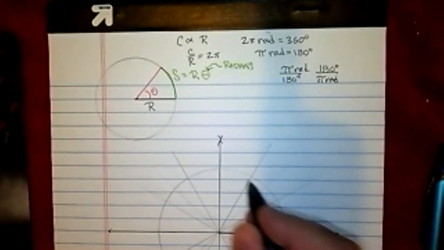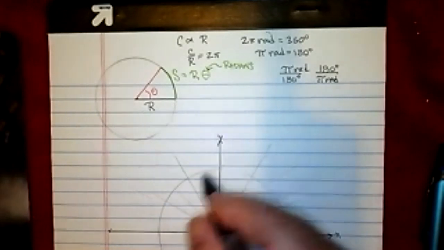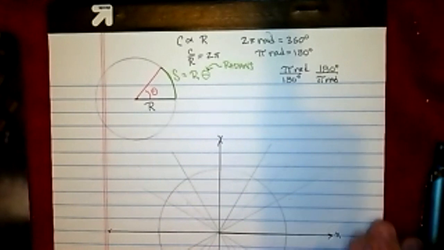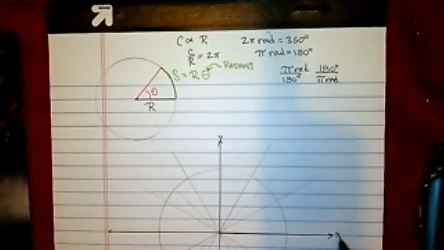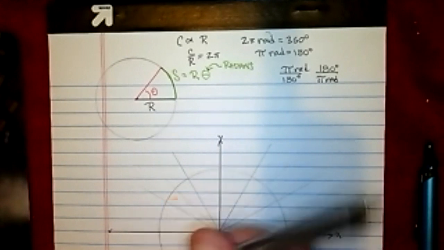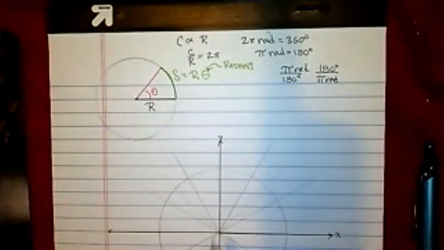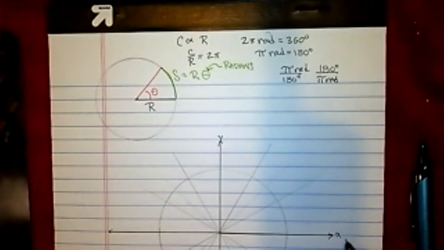All right, so let's start off with our circle. I've drawn here a circle whose radius is supposed to be 1. Obviously, it's not 1. I just made it big enough so you guys could see it. And what I did was I made an x-axis and a y-axis, and this is the negative x-axis, and this is the negative y-axis down here. And what I'm going to do is fill out the radians and the degrees. This is 0 radians, and it's also 0 degrees.